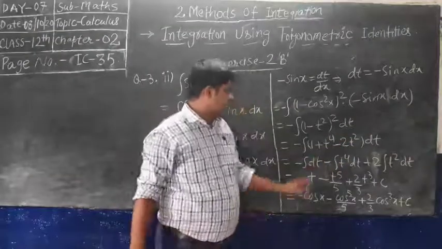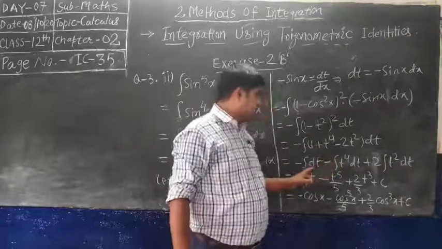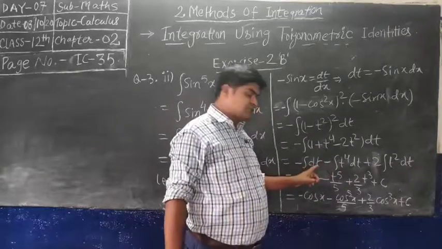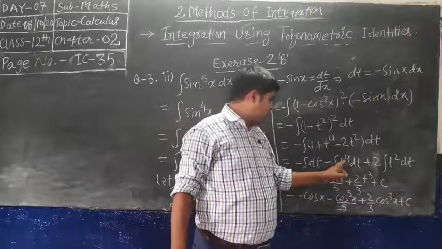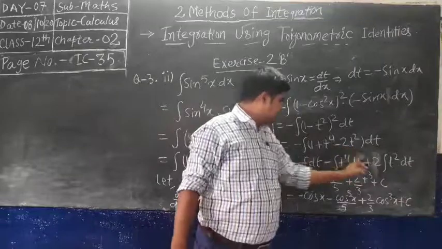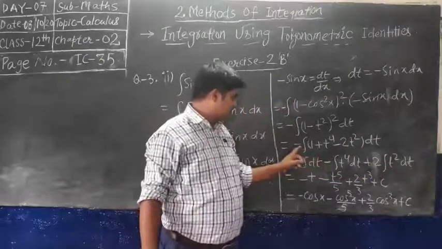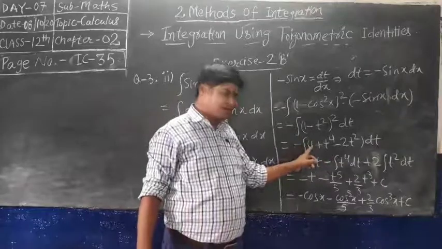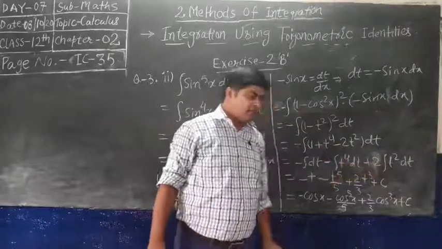Now you will separate the terms: minus integration dt, minus t to the power 4 dt, plus 2 t square dt. You will multiply the minus through, giving minus 1, minus t to the power 4, plus t square.